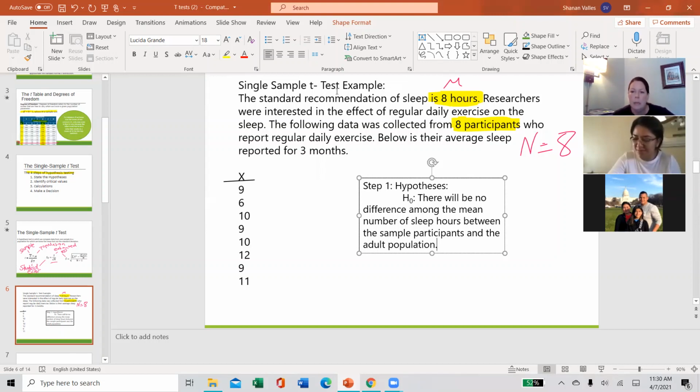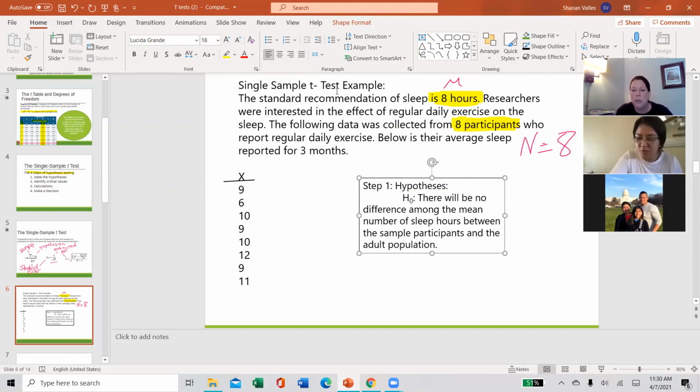So there will be no difference among the mean number of sleep hours between the sample participants and the adult population. I don't know. We're looking over it now. I'm like, it's kind of wordy. I might change it a little bit. But I think it states we know what we're looking at, right? And so that's the big thing.